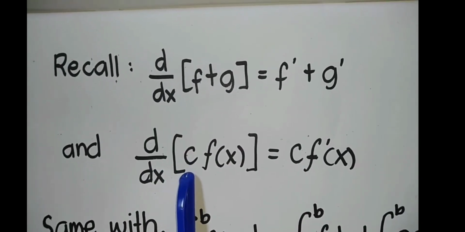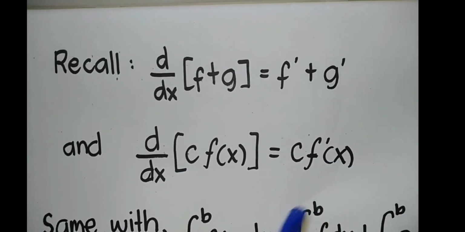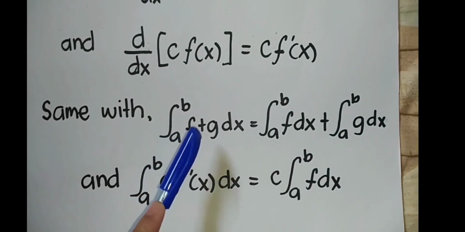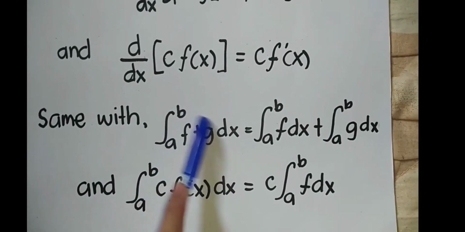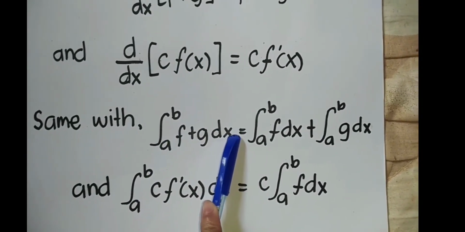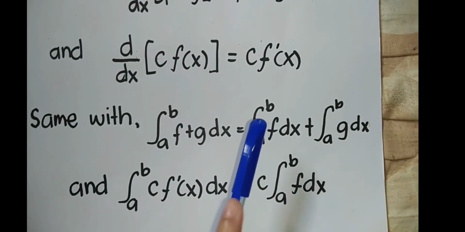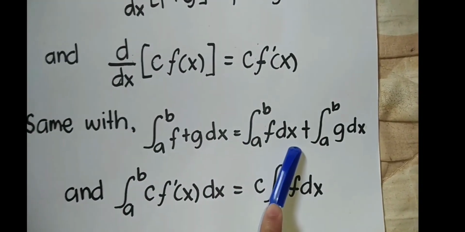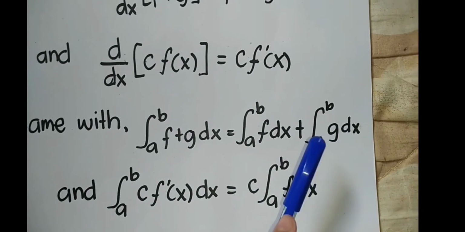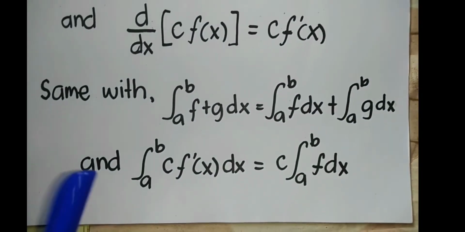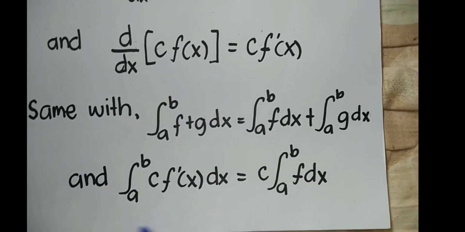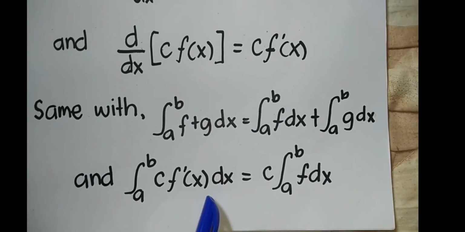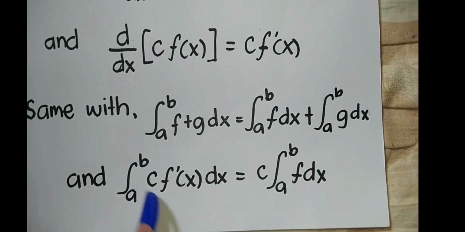Same with the integral: the integral of f plus g from a to b is equal to the integral of f from a to b plus the integral of g from a to b. And we can also pull out some constants. So, yeah, this is understandable. So this is the constant.